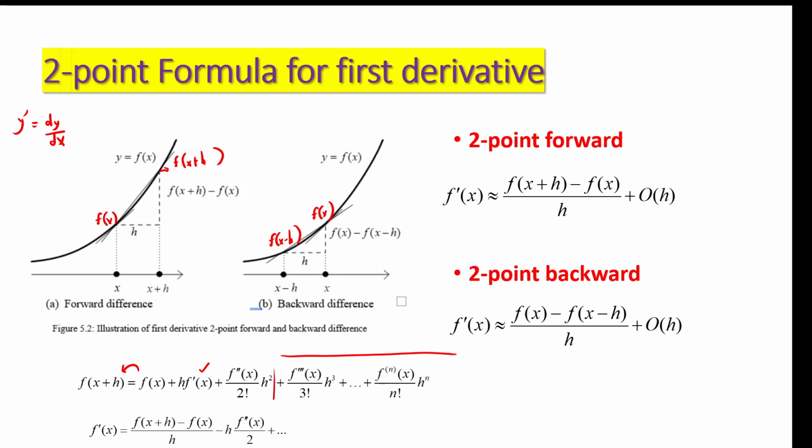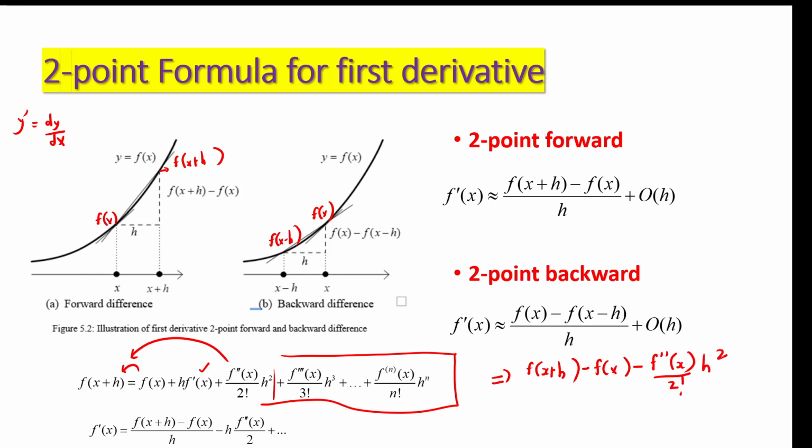We take up to this term, and the second derivative term over 2 factorial times h squared you bring to the left hand side, so you have f(x plus h) minus f(x) minus f double prime(x) divided by 2 factorial times h squared equal to h f prime(x). All these terms we truncate, and for f prime(x) you obtain it by dividing by h.